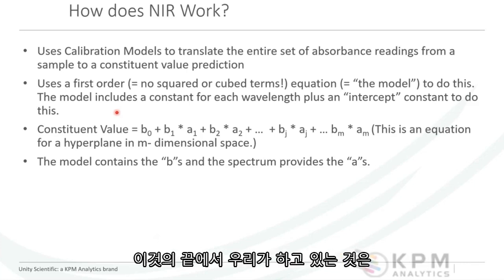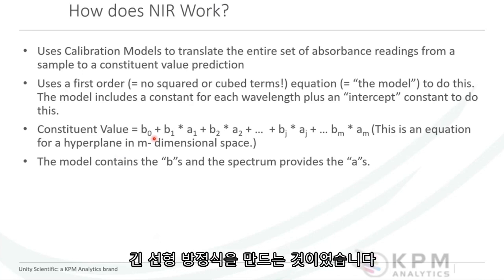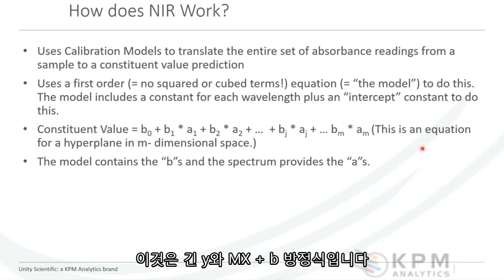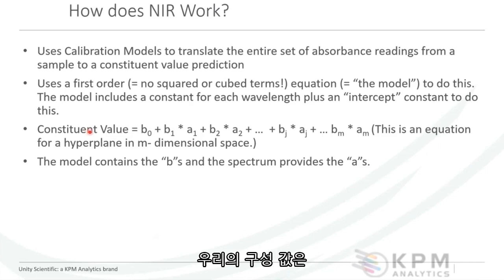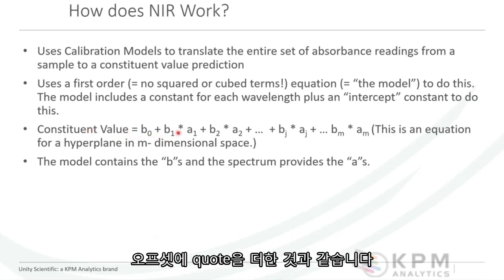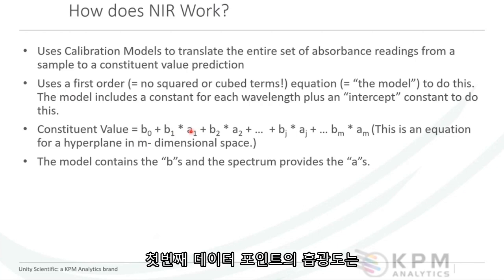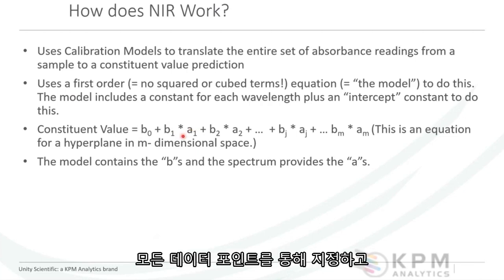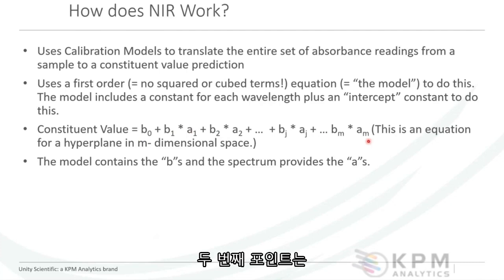At the end of this, really what we're doing is creating a long linear equation. This is just a long y equals mx plus b equation. Our constituent value equals an offset plus a coefficient times the absorbance at our first data point, plus a coefficient times the absorbance at our second data point, up through all of our data points.